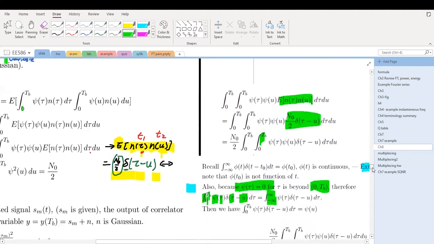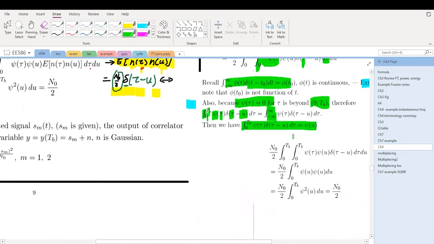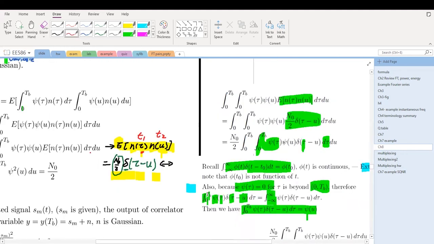Next, we use the property of the delta function to integrate tau out, so we integrate one dimension out. This one dimension, using the property of the delta function, equals psi u. So now plug it in. We have psi u. One of the psi u comes from here, and that's there.